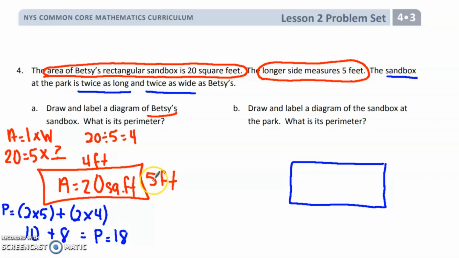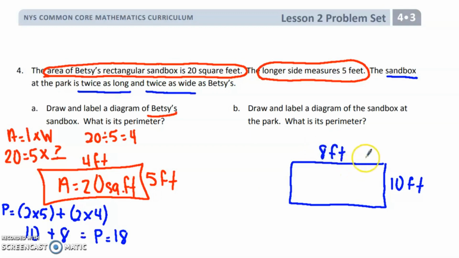Twice as long is 10 feet, because 2 times 5 is 10. And twice as wide as Betsy's, the width is 4, so that's 2 times 4, which gives me 8 feet.